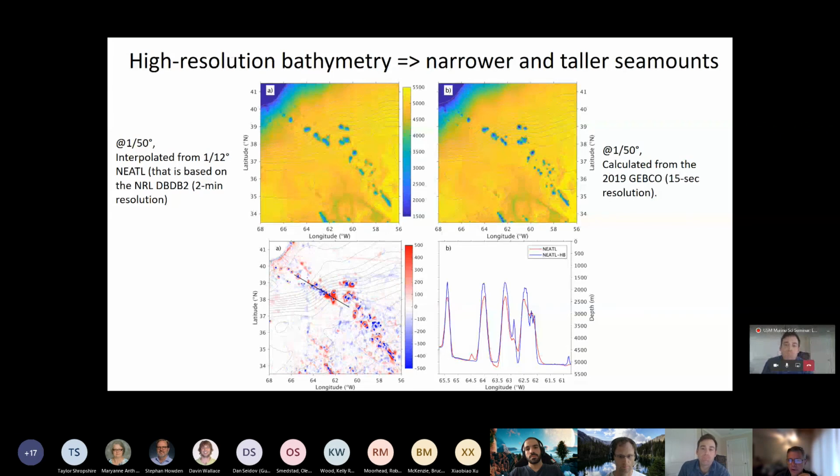The main reason we did that was to see if it had an impact on the generation of internal tides, and the surprising result was on the Gulf Stream.